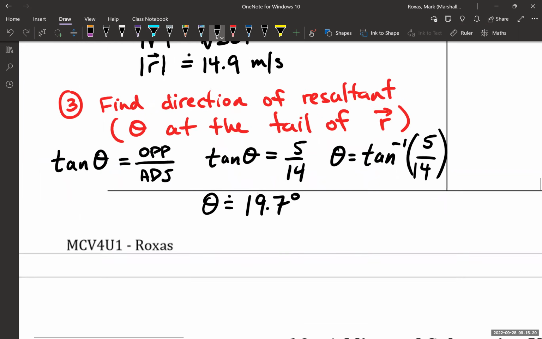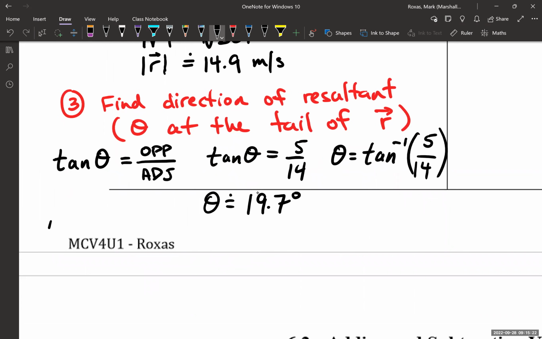And remember, it will not always be tangent theta. It could be sine theta or cosine theta, depending on the diagram that you draw and the problem that you're doing. And so now I have my 19.7 degree angle.